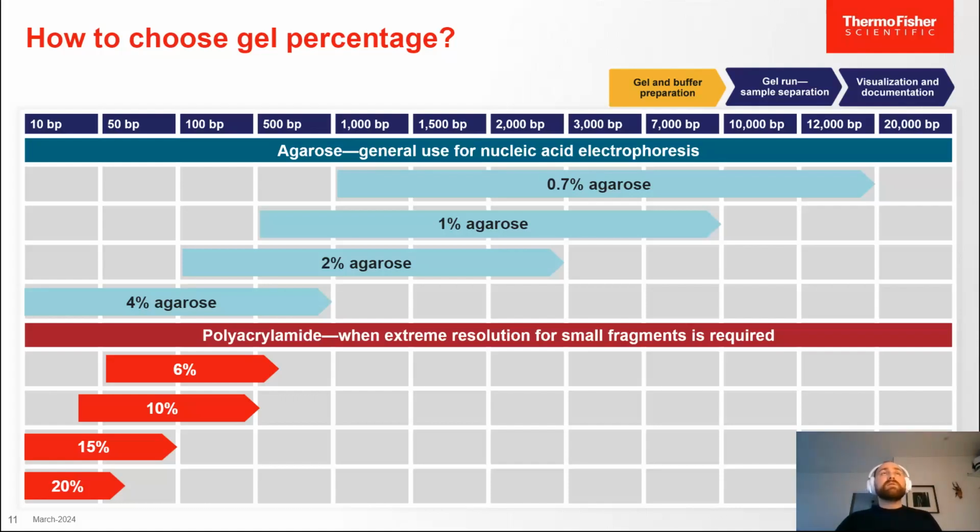For the majority of the cases, agarose is a perfectly fine matrix to be used. It's the most commonly used matrix for a reason, and you can choose different percentages of it. It becomes much more difficult to prepare the higher percentage it is, because it becomes extremely thick and melting it becomes very problematic.